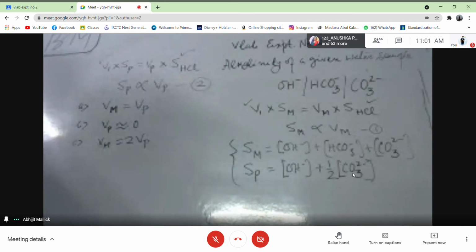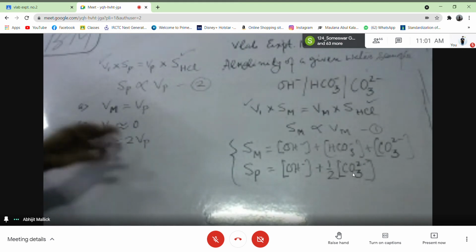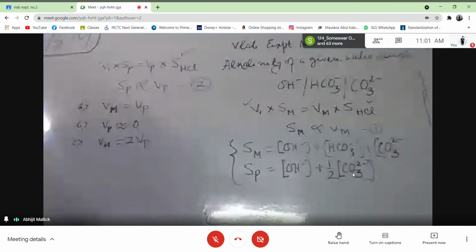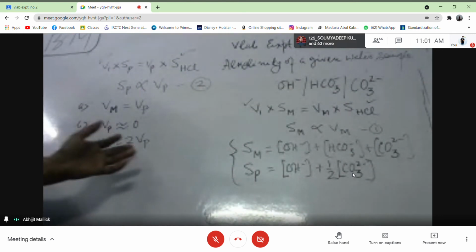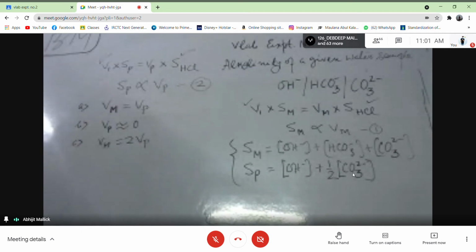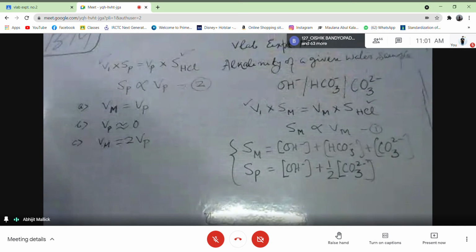So if the table 2 result is, for example, 6, the table 3 result will be near about 12, say 11.8 or 12.1, so nearly doubled. The table 3 result is nearly double that of the table 2 result. If this happens, we can conclude that only carbonate ion is present. Nothing else, only carbonate ion.